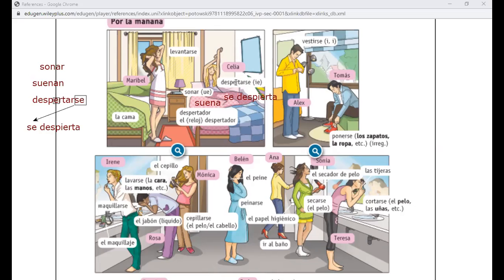Entonces, por la mañana, Celia se despierta. El despertador suena. Celia se despierta. Y después, levanta. Oh, we got to break it down again. Se levanta.